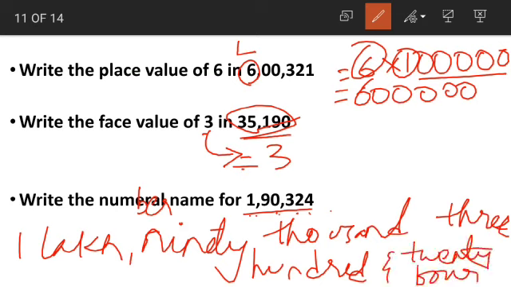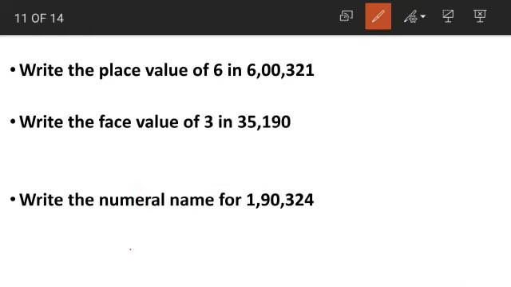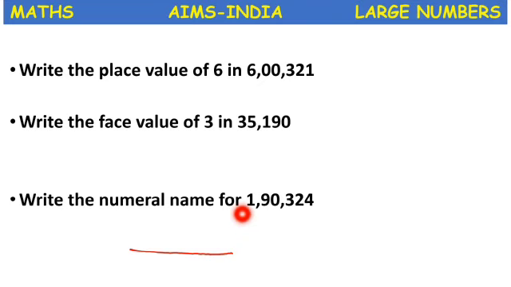Okay, children? We are simply writing the number name. How did we write the number name? Because we know the place values. Depending on the place values, we wrote the number name.